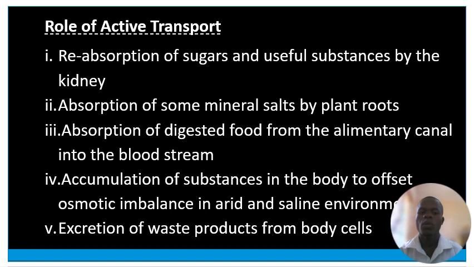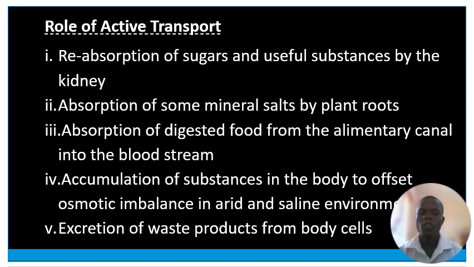Number 1, it helps in the reabsorption of sugars and useful substances by the kidney. Another one is absorption of some mineral salts by plant roots. Plants obtain the mineral salts through the roots against a concentration gradient, which is active transport.